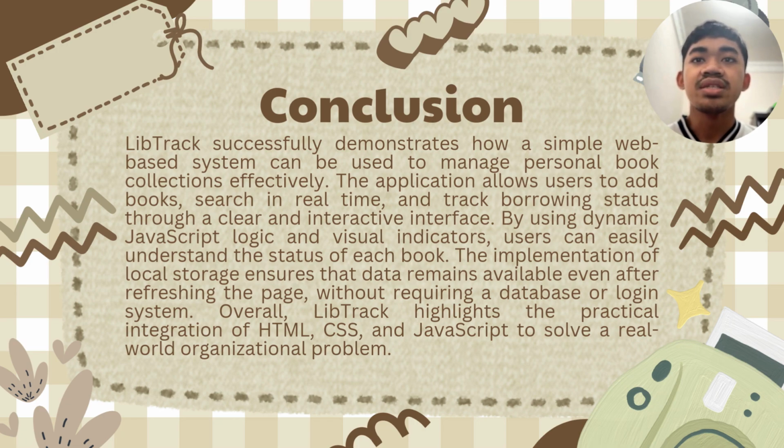The implementation of local storage ensures that data remains available even after refreshing the page, without requiring a database or login system. Overall, LibTrack highlights the practical integration of HTML, CSS, and JavaScript to solve a real-world organization problem.